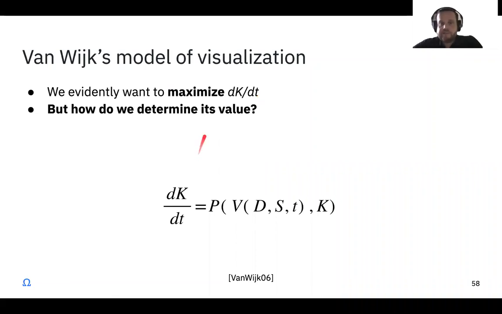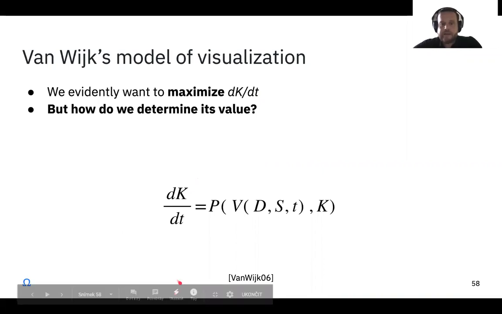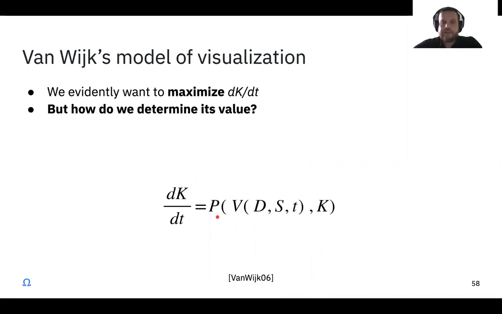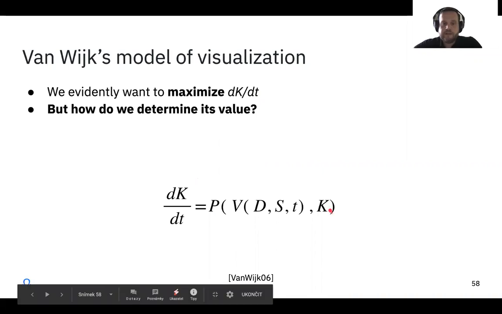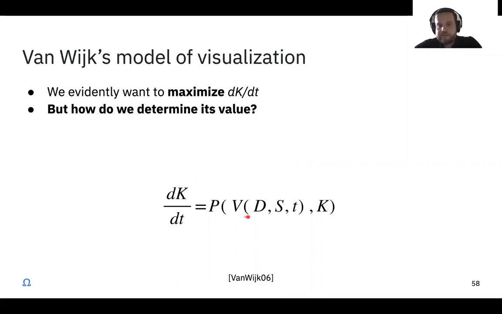So yeah, we want to maximize this, but it's still pretty abstract. So how do we determine the value? Well, it depends, right? So it depends on the perception, which itself depends on the domain knowledge and on the visualization. And the visualization depends on the data that we have, the settings that we have, and the time that we spend. So it's pretty much an entangled mess. I mean, and this is kind of a truthful state of affairs. So let's not sugarcoat it.